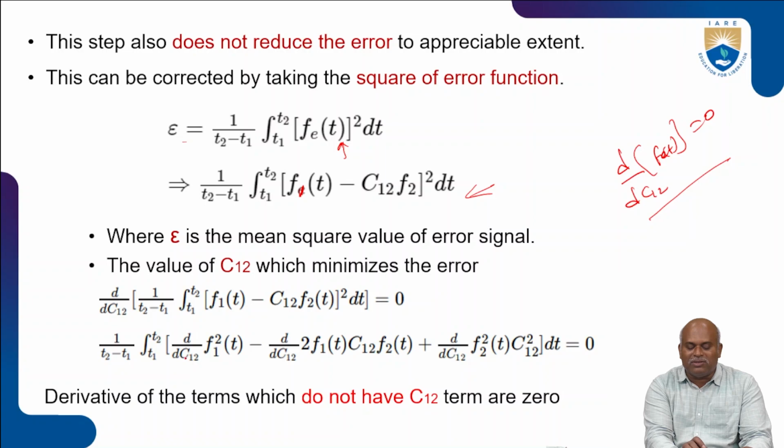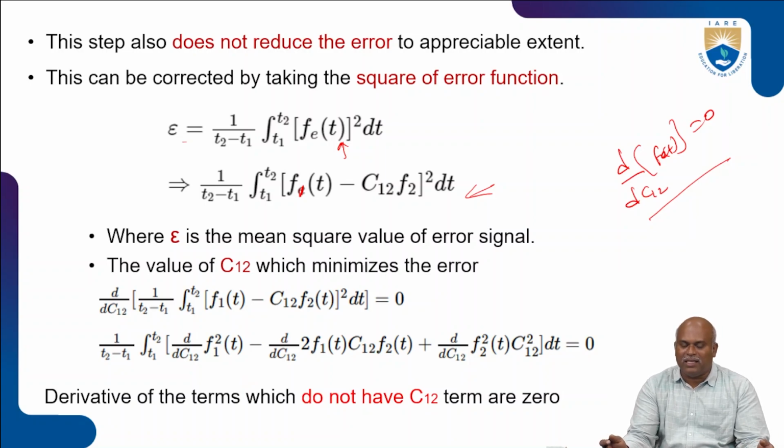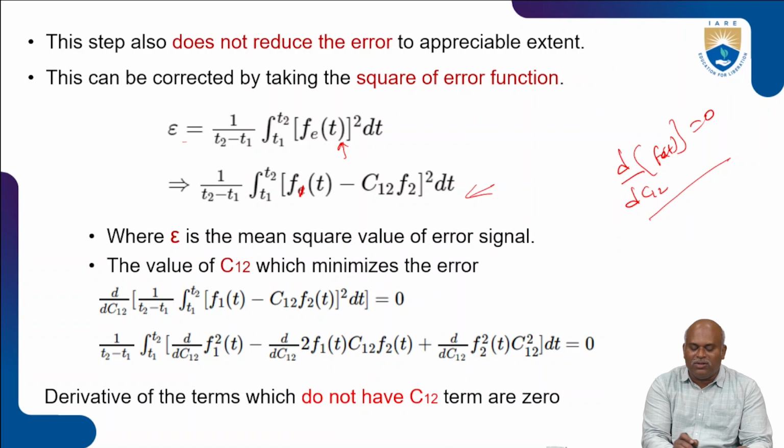Put d by dC12 inside our equation. Only where dC12 is present is it possible to do further differentiation. The remaining things are represented as a zero state condition. So we may insert d by dC12 inside the integration.